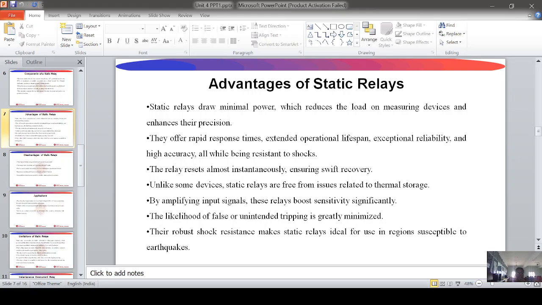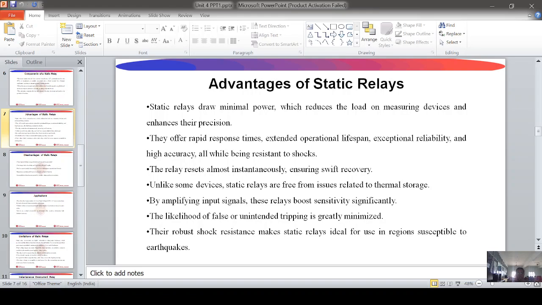Advantages of static relays. Static relays consume less power and offer higher efficiency. They operate faster and have a long life. They are reliable and resistant to shocks.